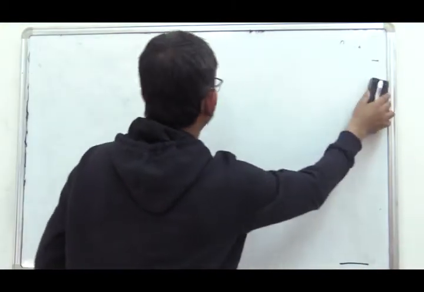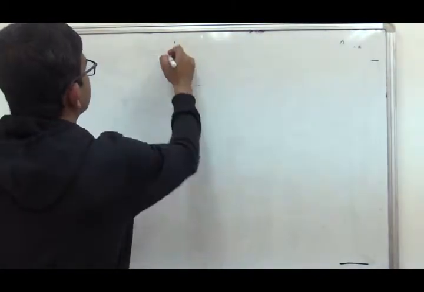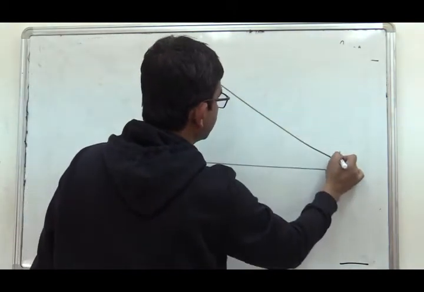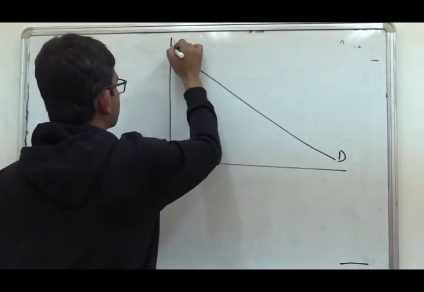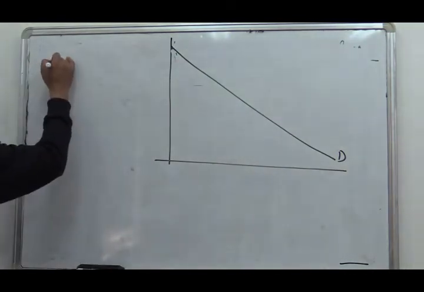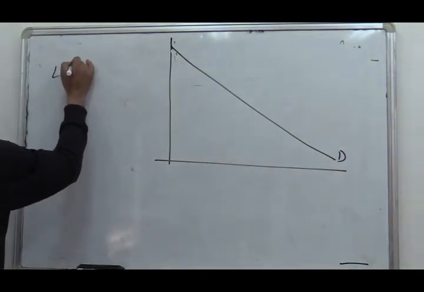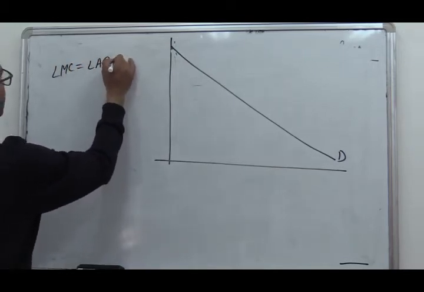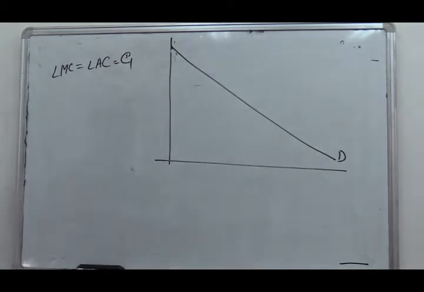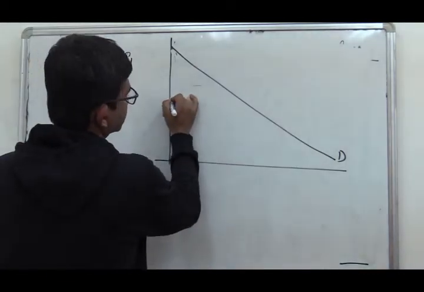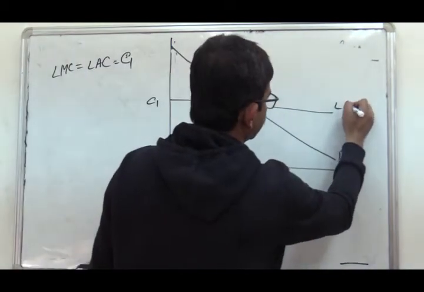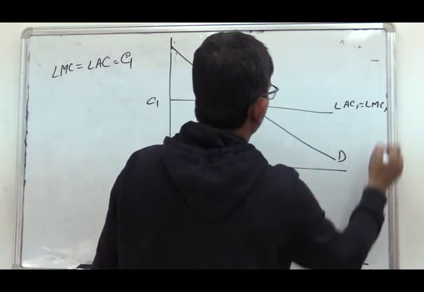So now we are considering a case. This is the market demand curve D. First, let us consider it is a competitive market and LMC equals LAC. We consider it C1, which is constant. So this is LAC1 equals LMC1.